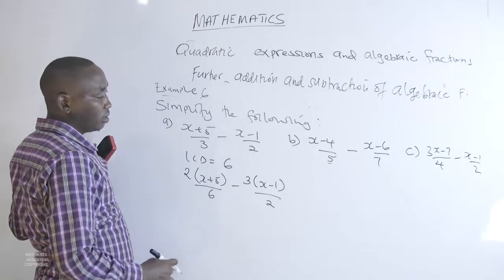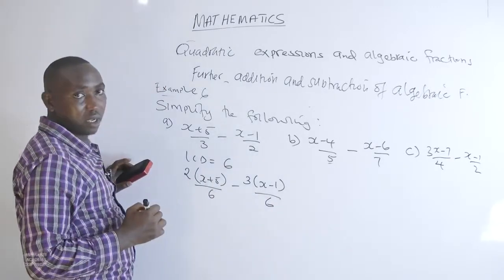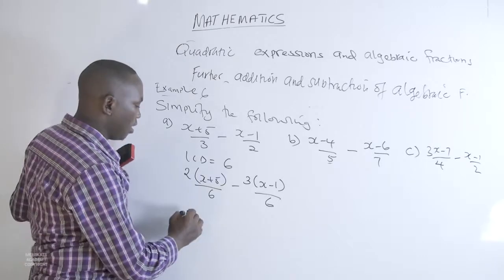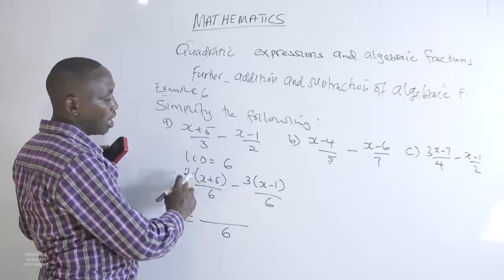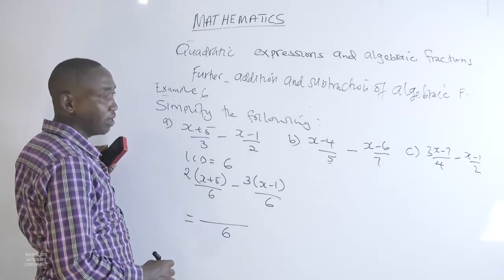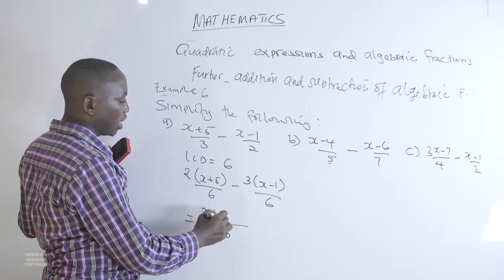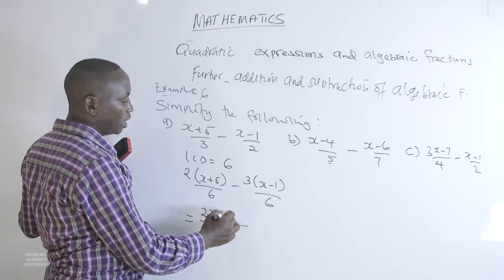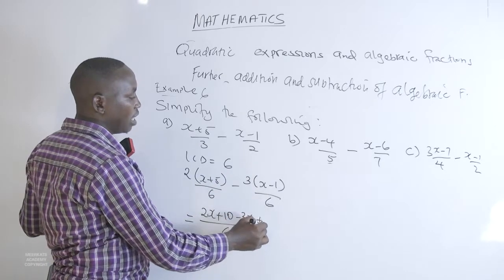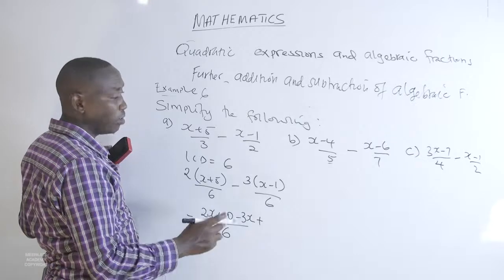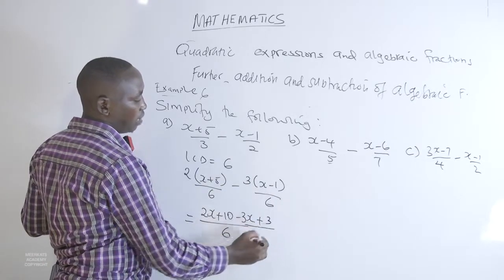We now divide by the new denominator, which is 6. We now combine them under one denominator, which is 6, and that means we expand each of the brackets. During expansion, this will be 2x, 2 by 5, that will be 10, negative 3 by x, that will be negative 3x, minus 3, negative 3 multiplied by negative 1, now that is going to give us positive 3.